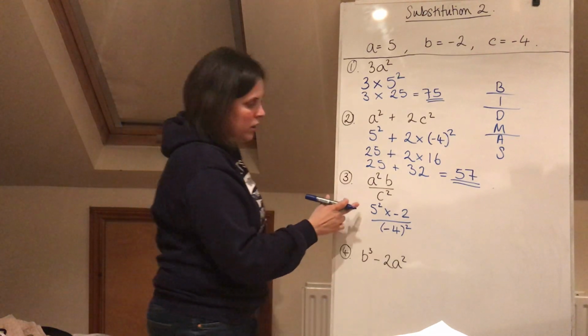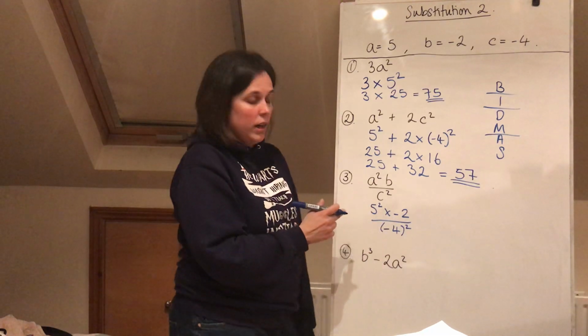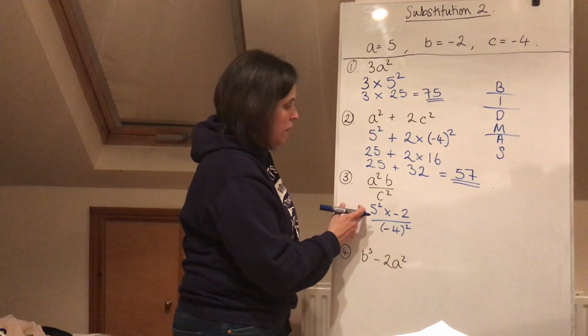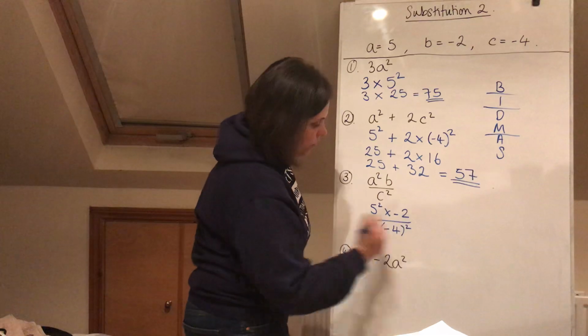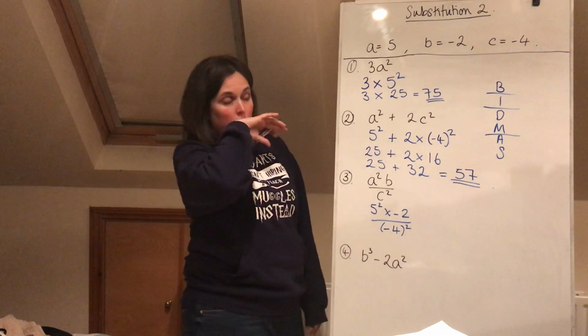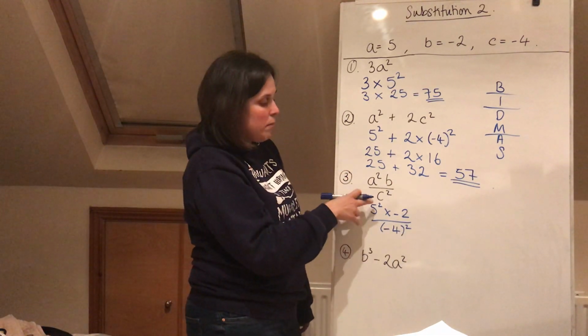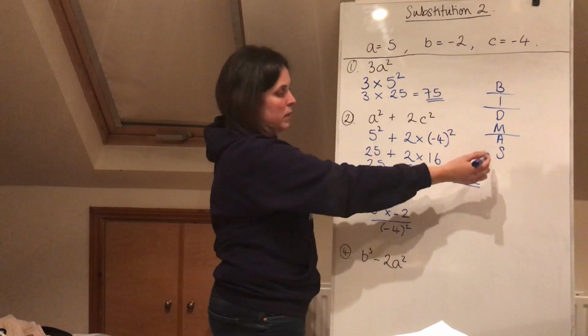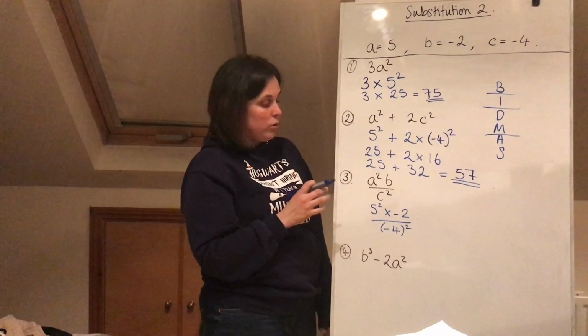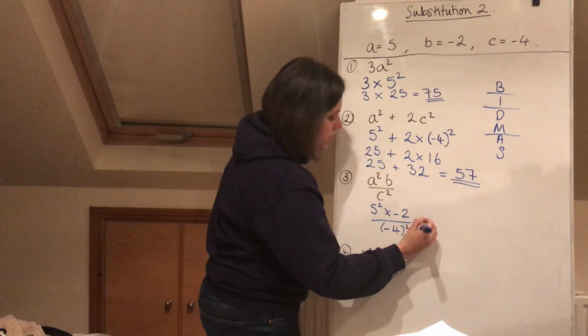So then we have to just do our calculation. 5 squared is, I'm running out of room here. Right, remembering our big maths here, we must make sure that we do our indices first, okay?